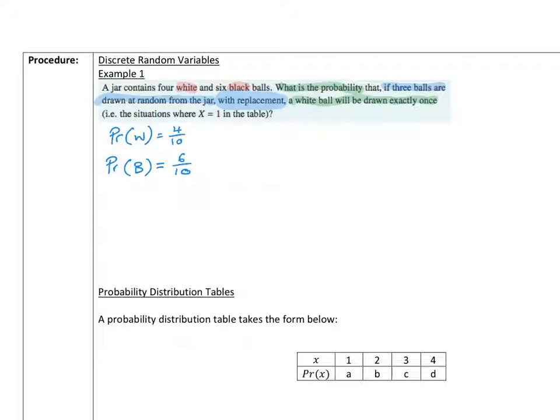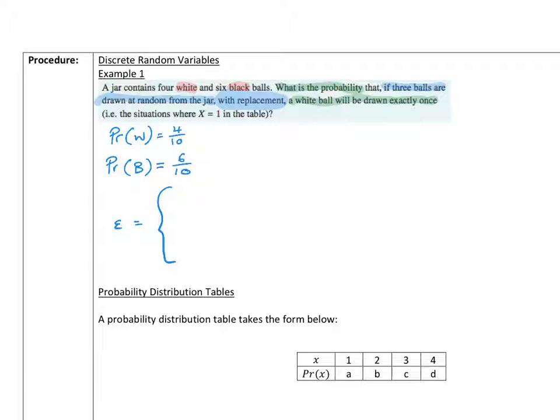Now in order to figure out the probability of a white ball being drawn exactly once, we need to start modelling the sample space or the situation at hand. We can do this with a tree diagram, or we could have a look at what we know the sample space to be. Now, just like flipping a coin, there's 2 options, either white or black, and this time it's asking us to draw 3 instances of these options.